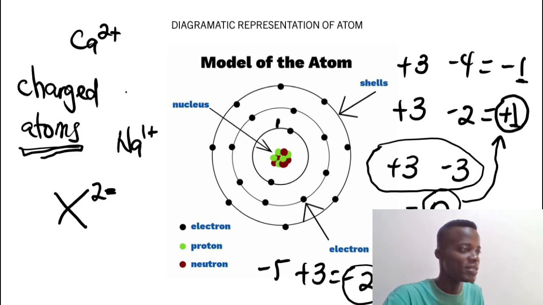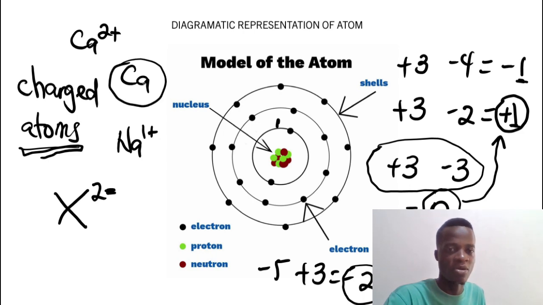But if I just give you Ca, we are not talking about ions, we are talking about the neutral atom, because there is no charge here, the charge is 0. So we don't write it when it is 0, we just say Ca. This is calcium atom, but this is calcium ion. This is sodium ion. This is calcium atom. This is calcium ion.